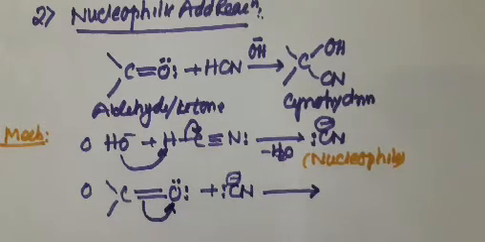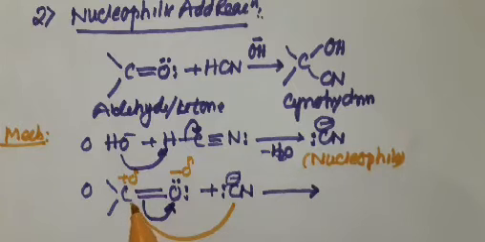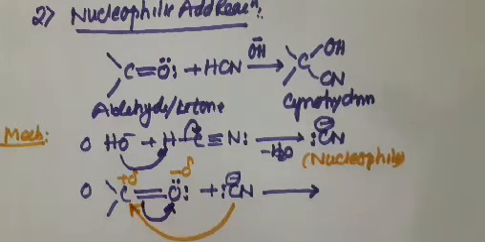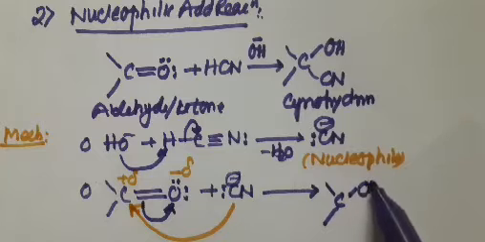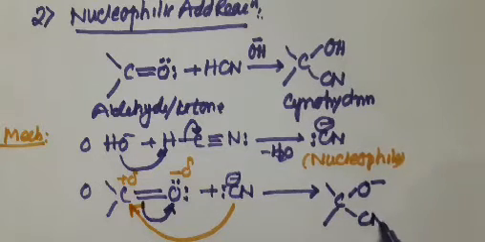Since oxygen is more electronegative, it withdraws the pi bonded electrons towards itself, acquiring partial negative charge, and carbon acquires partial positive charge. Therefore, CN attaches to the electron deficient carbon, and such type of product will be obtained.